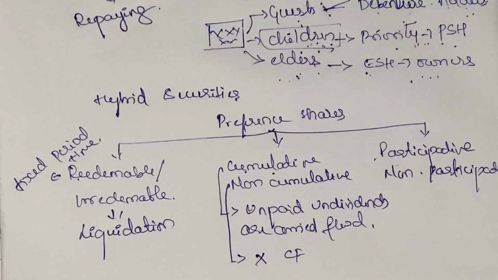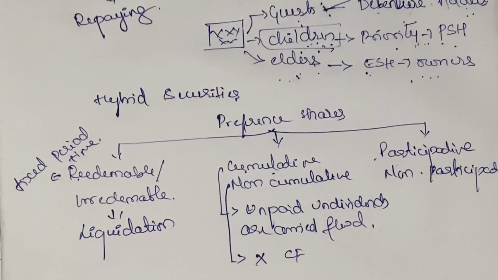For example, think the company is into liquidation. So liquidation means winding up of the company. So when I am winding up the company, I will sell all my assets and pay the liabilities. For example, my asset is 100 rupees and my liability is 80 rupees. There is extra of 20 rupees. Yes or no?